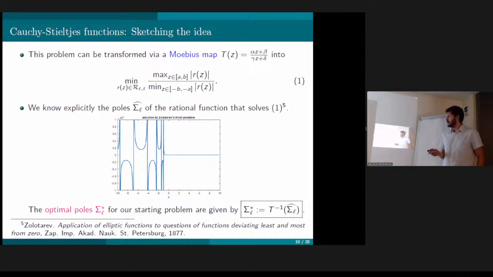So the optimal rational function for this problem has an explicit expression. So we have a closed formula for its poles, and we also have estimates for what is the optimal value of this problem. So the idea is to take the Zolotarev solution here and map its poles back with the inverse Möbius transformation, so that we get our original rational approximation problem.